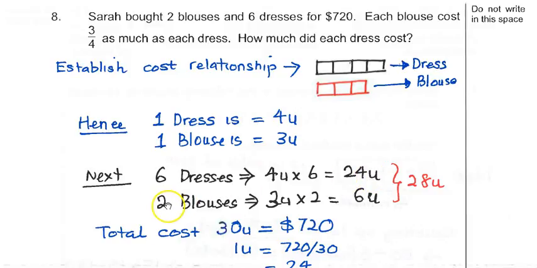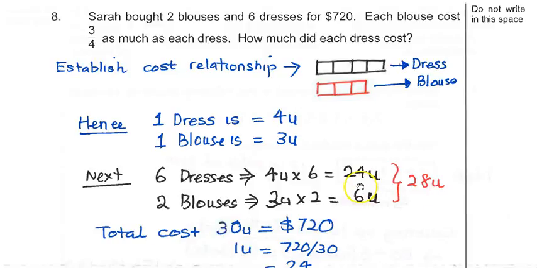Now 2 blouses, one blouse is 3 units. 2 blouses is 3 units times 2, which is 6 units. Right? So for 6 dresses and 2 blouses, you add together, it is 28 units. Please understand this part first before you go on. You may pause the video now.